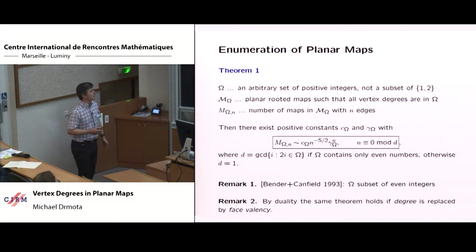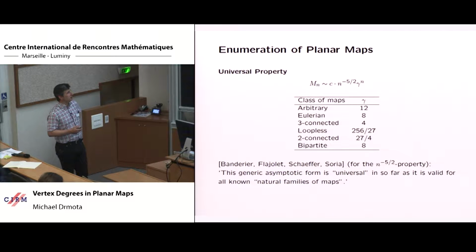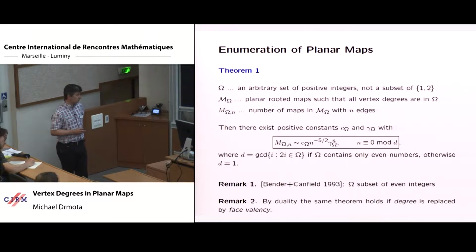And the result that we have here is that this universal property is also valid for these kinds of maps. So for every arbitrary subset of integers, you get the same kind of asymptotics, with some constant, a sub-exponential part n to the -5/2, times an exponential part.